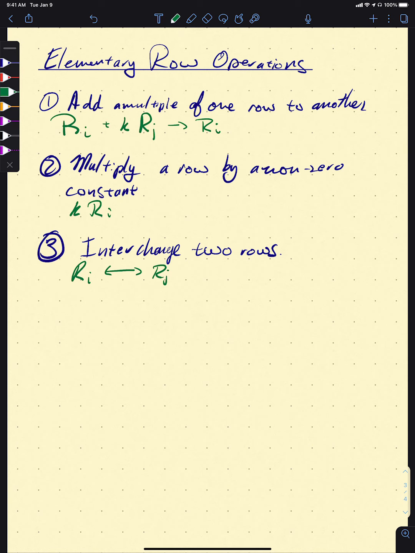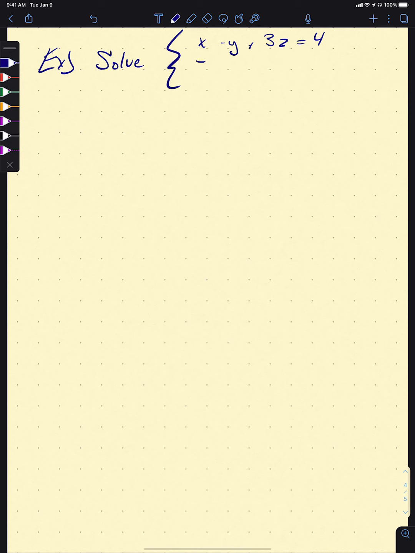So here's what we're going to do. I'm going to give you a system, okay, right here. And we're going to solve the following system. It's going to be x minus y plus 3z equals 4, x plus 2y minus 2z equals 10, and 3x minus y plus 5z equals 14.